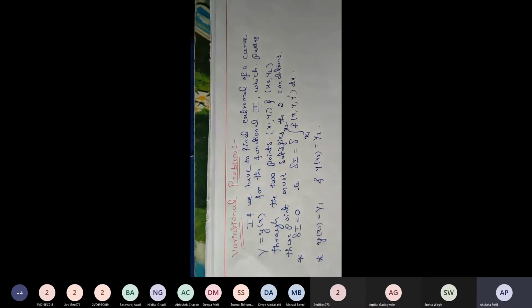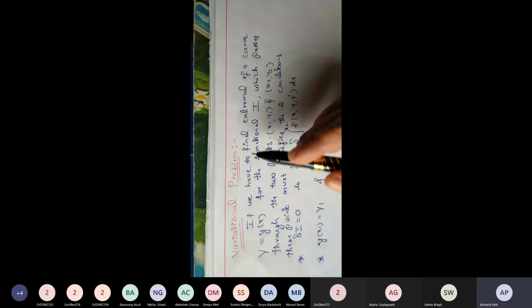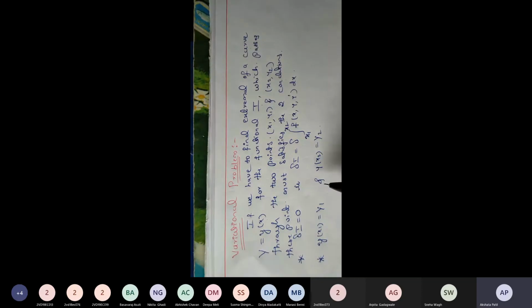Now this is the definition of variational problem. Of these two conditions, condition number 1 is called the variational equation and the second condition is called the boundary equation.